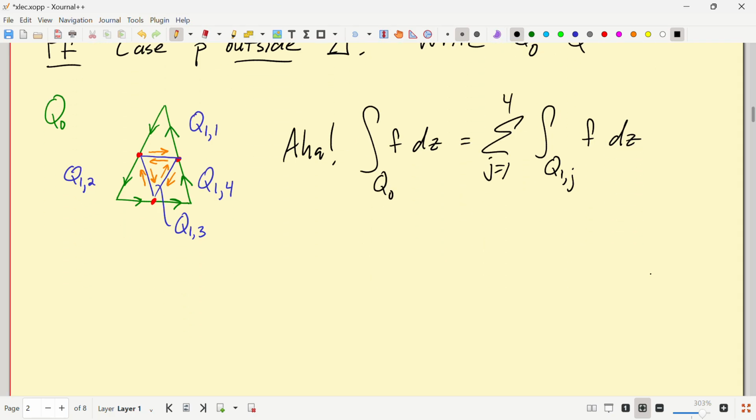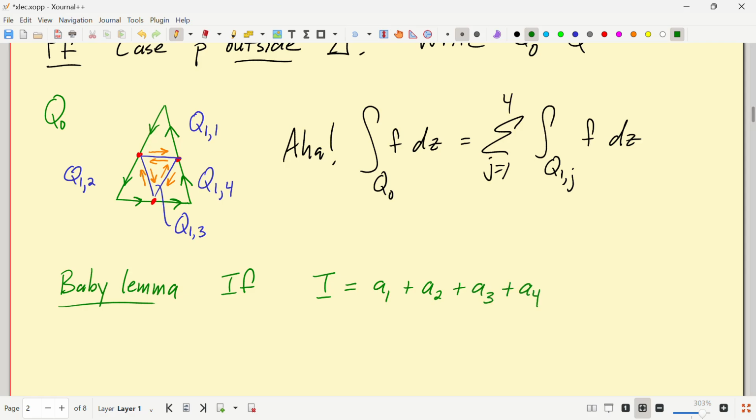And now I need a baby lemma. It's so baby that I feel embarrassed to prove it. A baby lemma is that if I have an integral like that, that's a sum of four things, at least one of those four things has to be big enough.